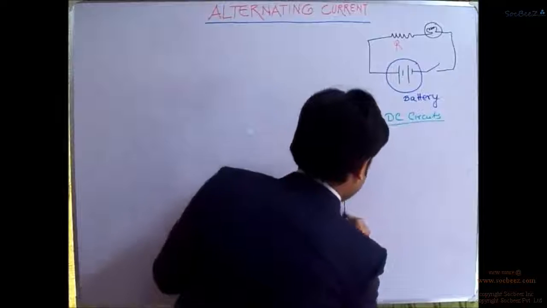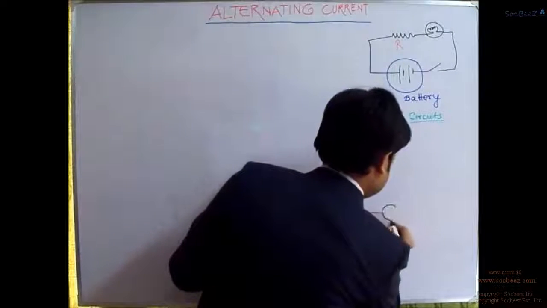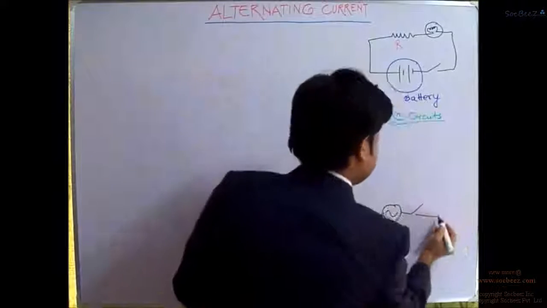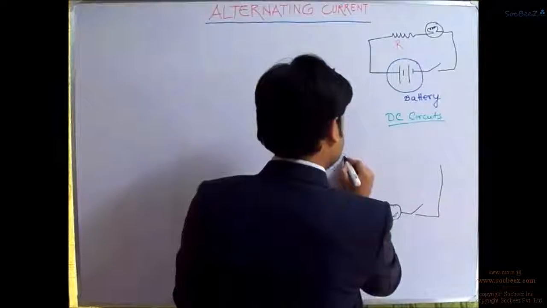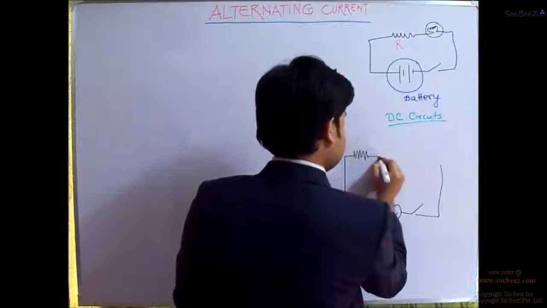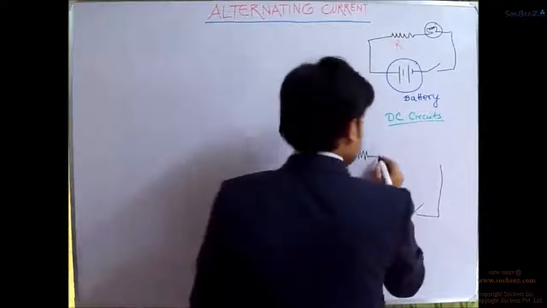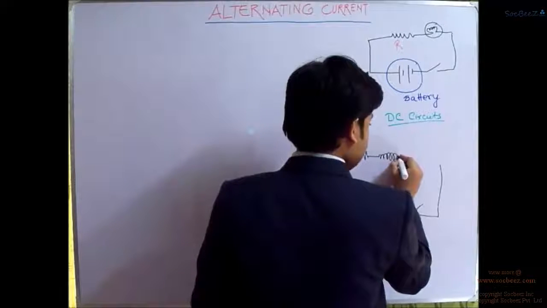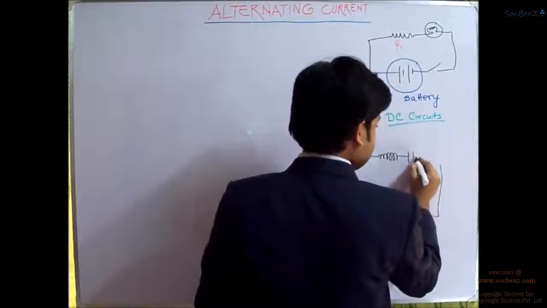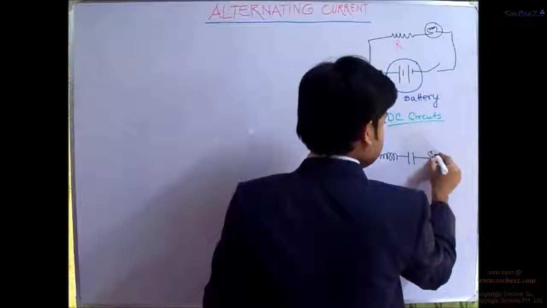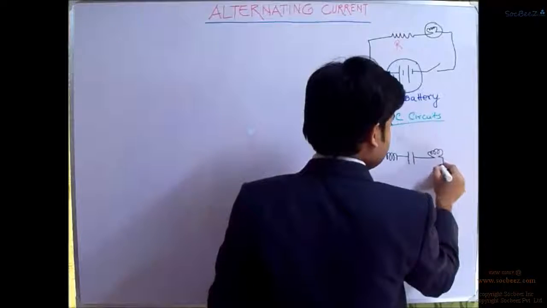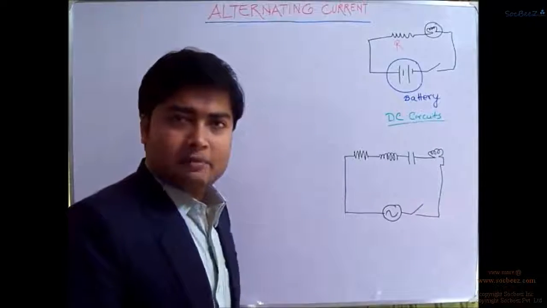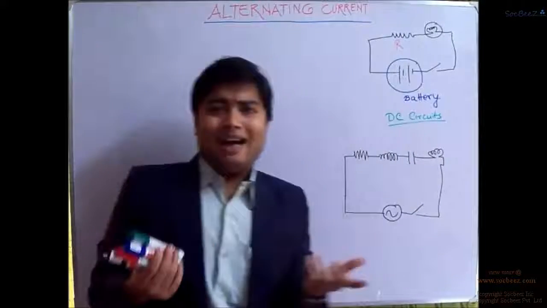The circuit shall look like this. You could apply a key over here as well. And this is the resistance, right? And this coil and this thing. And obviously you could add a bulb to it. So this is another circuit, but we cannot see the battery.